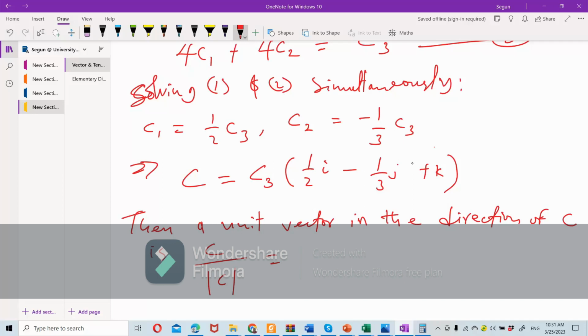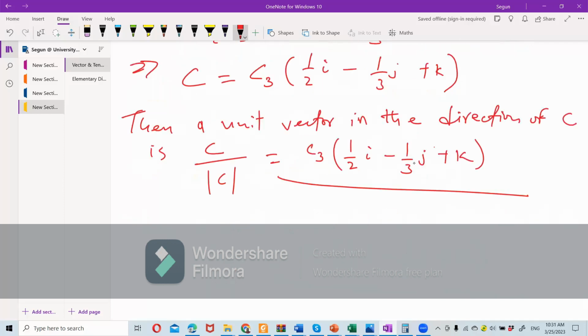Now that we have C, I can go ahead and say C3 in brackets 1 over 2I minus 1 over 3J plus K, divided by, let's find the square root, the magnitude of this one, C3 squared.